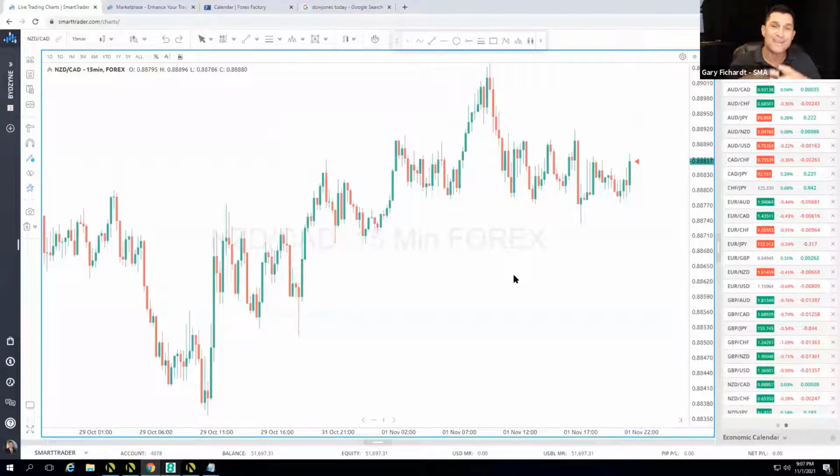Now, when you get a signal and the signal says New Zealand, Canadian, sell, it's going to tell you exactly the price, because that signal is coming directly from my trading account. So it's telling you directly from my trading account what you should be doing, whether you're buying or selling that particular currency pair, and at what price we went ahead and sold.